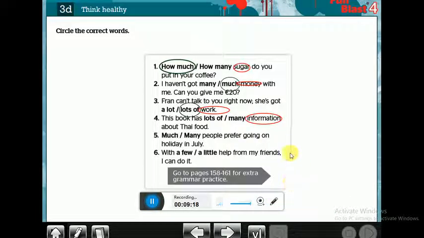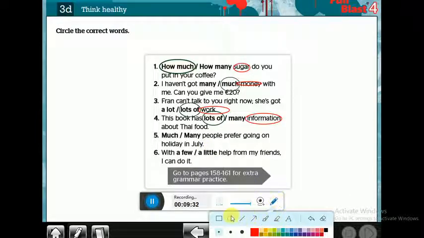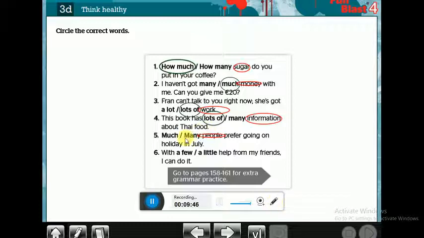We cannot put S at the end of the noun. So we have to use lots of. Very good. Number 5. Much or many people. Think about people. Is people a countable or uncountable noun? We can count people. So if I can count people, I would say many people. Right? So here the answer, many people.